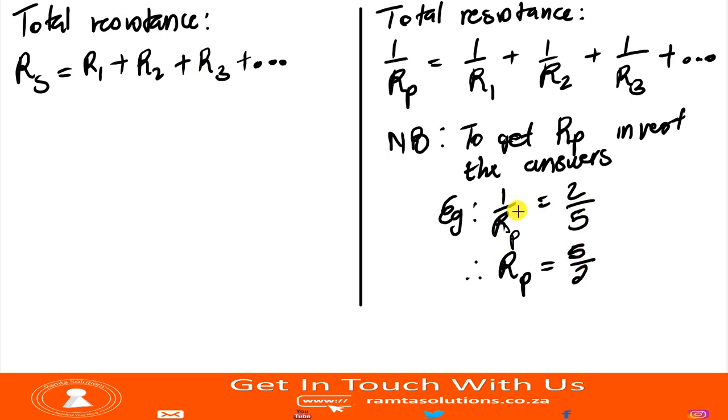Remember, invert means the numerator becomes the denominator and the denominator becomes the numerator. 2 was a numerator, it will now become a denominator. 5 was a denominator, it will now become a numerator. Therefore, R sub P is equal to 2.5 ohms. Okay, so this is how you do it.